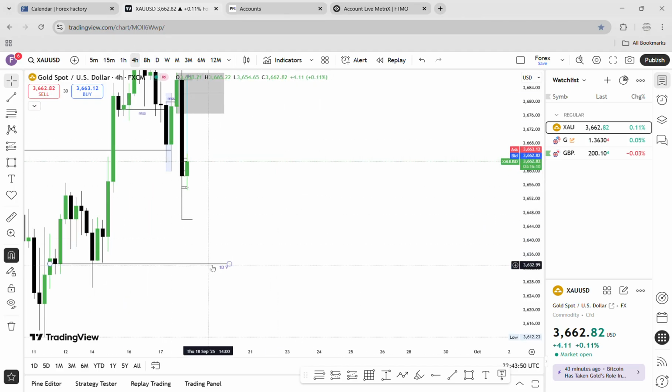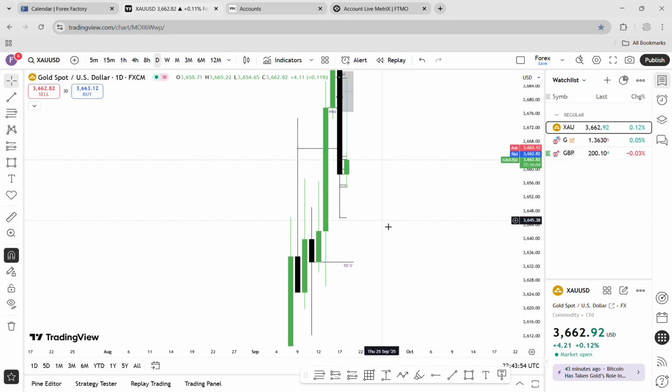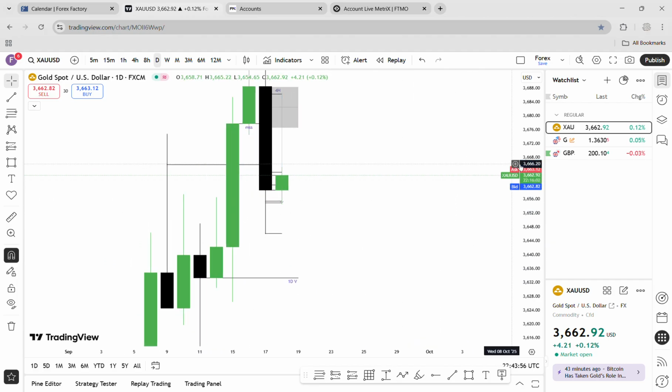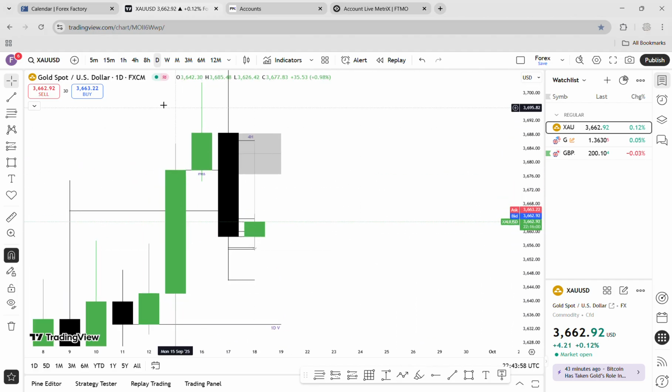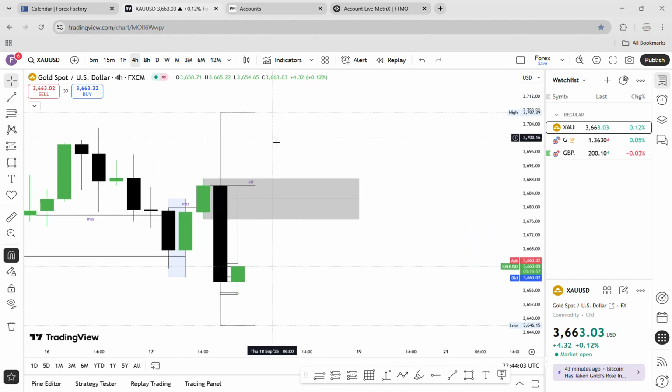This one right here. Bro, this is the main level, because this price is bearish for now, until we break and close above this 4-hour level. Let's just say this 4-hour area.